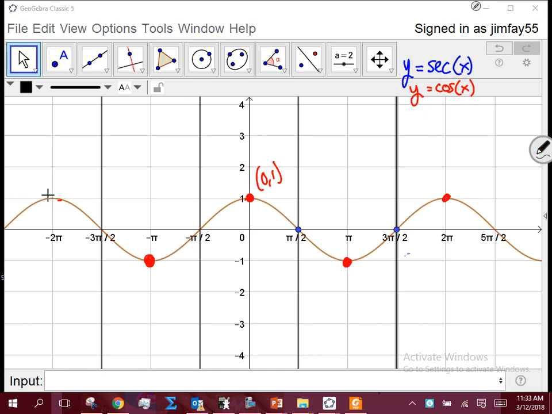Okay, so all of those maximum minimums of the cosine function actually become maximums or minimums, respectively, for the secant. Now it'll be a maximum or minimum in that interval, inside those asymptotes. Once you have those, all you do is you start at one of those maximums or minimums, and then you move left and right towards your asymptotes.